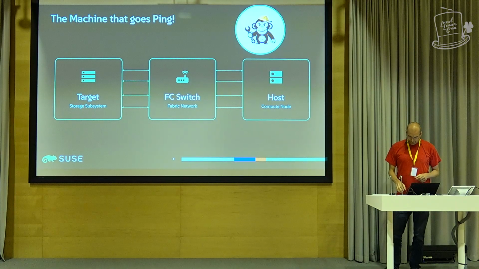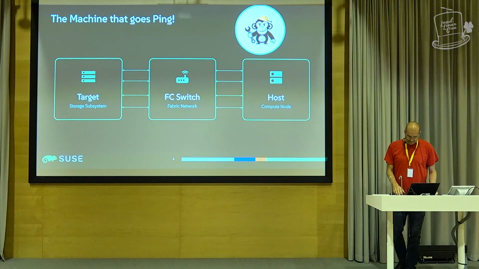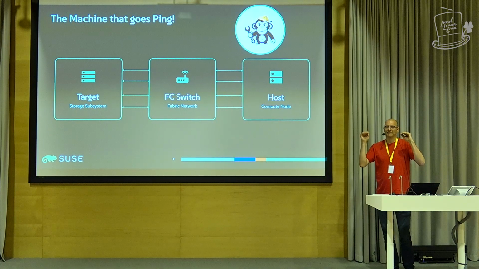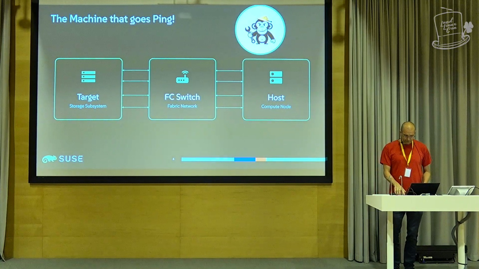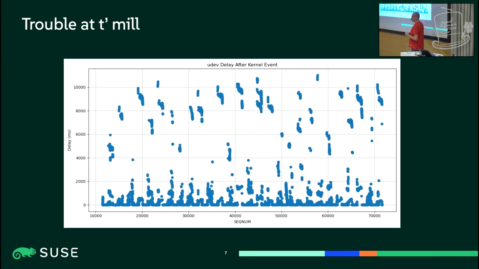And we had a lot of bug reports that eventually the system stopped working, completely stopped working. It was a lot of debugging, printing kernel messages, and annotating systemd, udevd, and everything to figure out what was happening. So what you see here on the x-axis is the udev sequence number, basically the time.